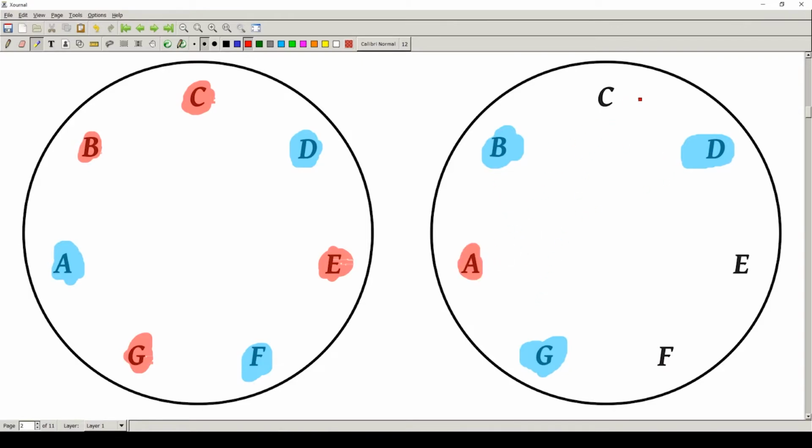Well, there's an A, a C, an E, and an F. The technical term for the relationship between blue and red here is complement. So we talk about the complement of the 5 chord as being A, C, E, and F. The complement of the 2 chord is G, B, C, and E.